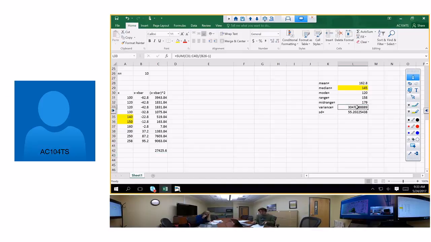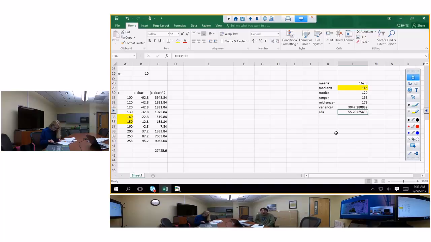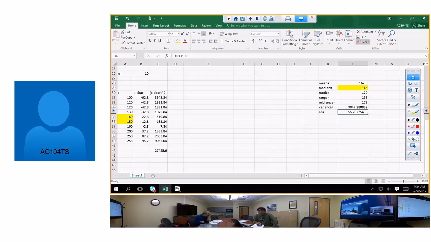So instead of variance, type in equals, click on that 27,000, and divide by 9. Did that work? Yeah, it worked. I think you might have left out a parenthesis or something.